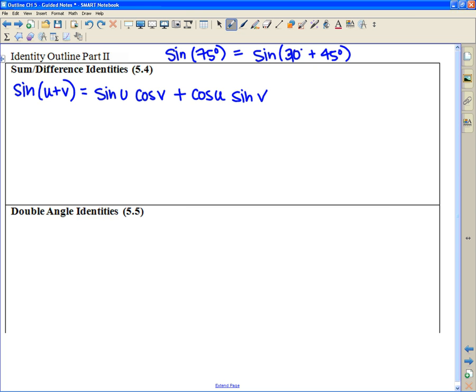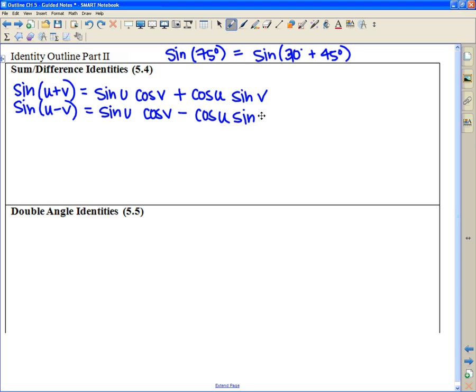Careful with your u's and your v's, they get kind of confusing. We might need to use a difference sometime, sine of u minus v. It's very similar. Sine of u cosine of v, keep the same sign, minus cosine of u sine of v.